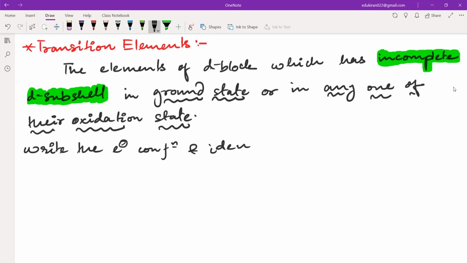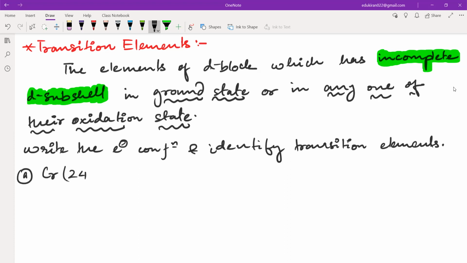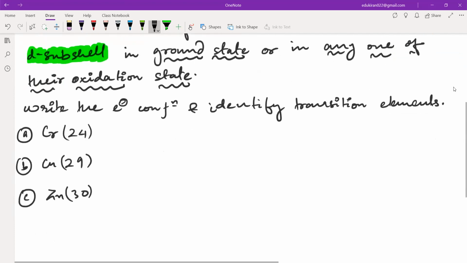Number one, let us take Cr, chromium, which is atomic number 24, copper 29, zinc 30, Fe 26.